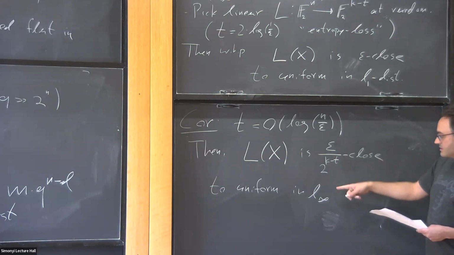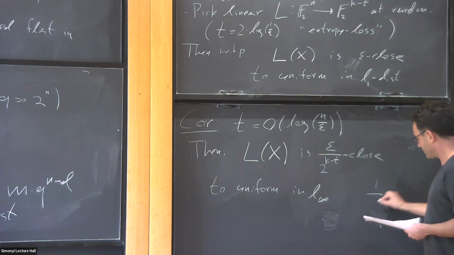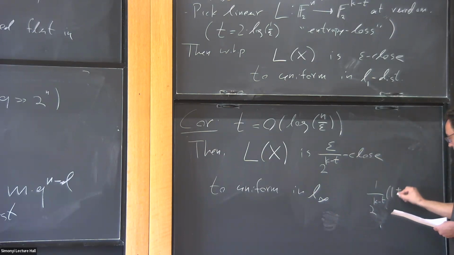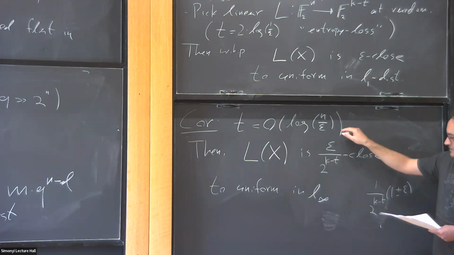The uniform distribution has 1 over 2 to the k minus t at every point, so the L infinity error is this.